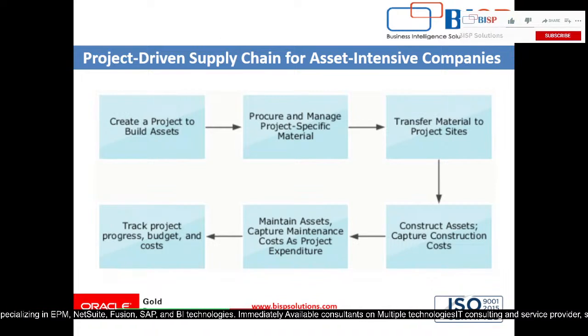The project to build the asset usually starts with the corporate plan that outlines that the asset will be built with its location, schedule, and budget, right? And the corporate plan is converted into the engineering and construction plan, right? That contains a bill of material.